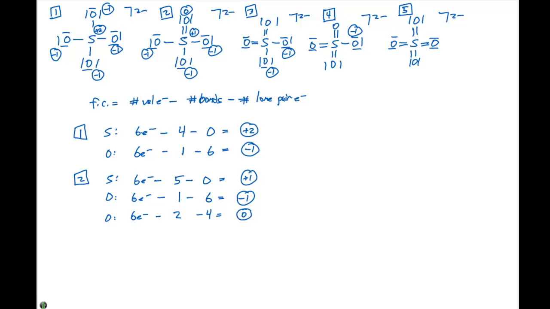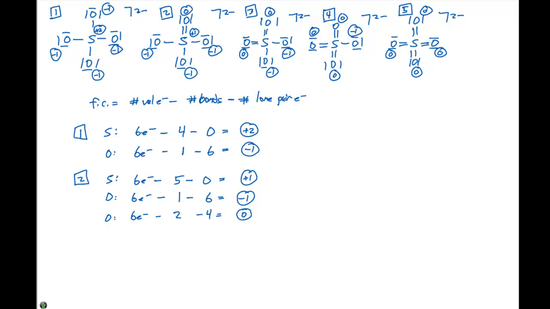And we note that each of these oxygens with a double bond, there's going to be 6 valence electrons, minus 2 bonds, minus 4 lone pairs. So they're going to have a formal charge of 0. So we can simplify all of these calculations by using this fact, and we can now assign formal charges to all the oxygens with single or double bonds.